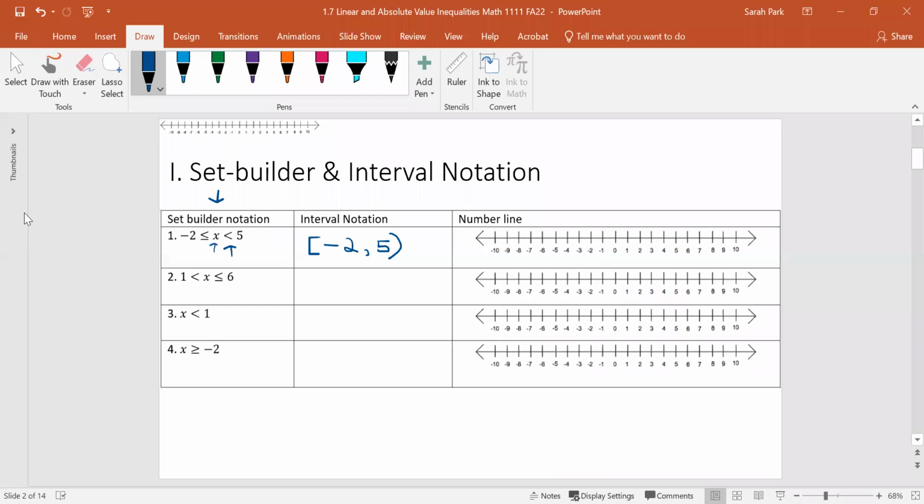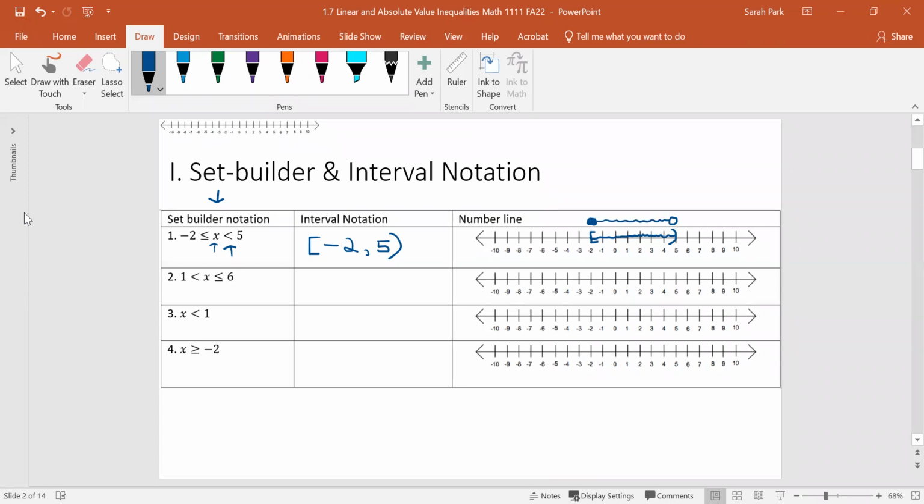On the number line, we go to -2 and put a bracket there. On 5, we put a parenthesis, and all the numbers in between -2 and 5 are shaded. In some other books, you may see that a bracket gets a closed circle and parentheses get an open circle, with shading in between.